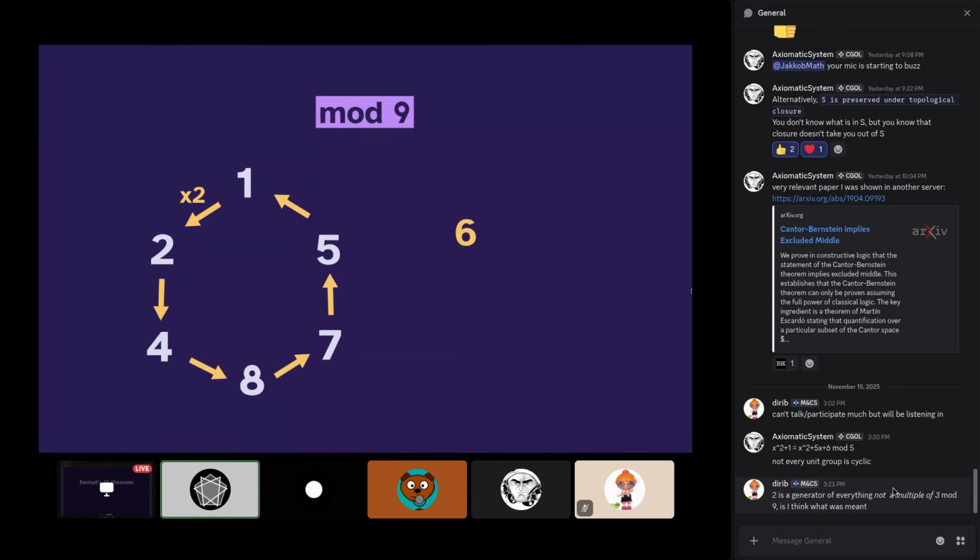Before we get to that, this is a 6 cycle, and that's because we start with the 9 integers, but a third of them are multiples of 3, so we subtract a third. In general, this will be p to the n minus p to the n minus 1, which we can rearrange to this form.